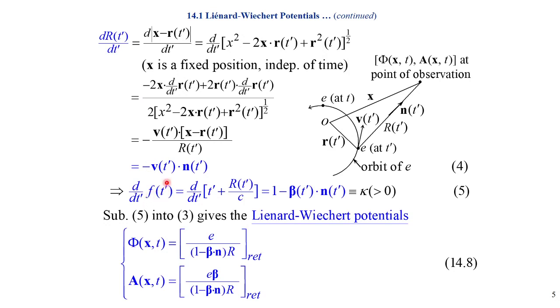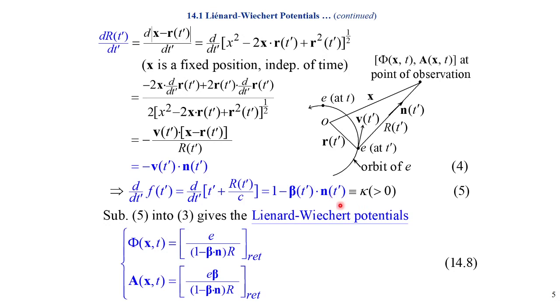Okay, so the f of t prime gives us 1 minus beta dot n. Beta is always less than 1. The absolute value of n is 1.